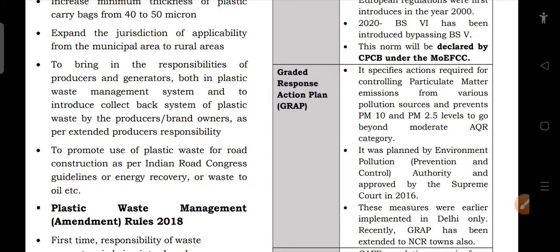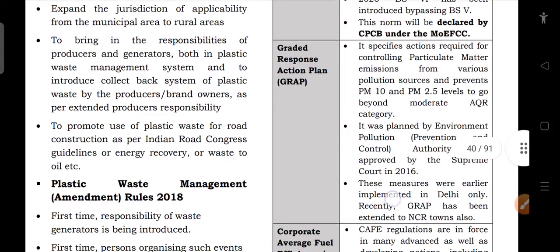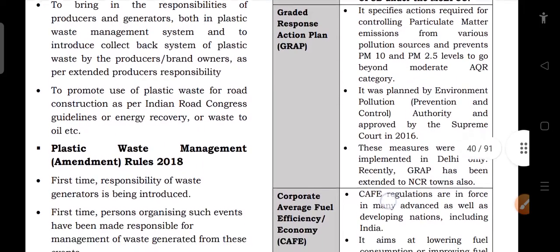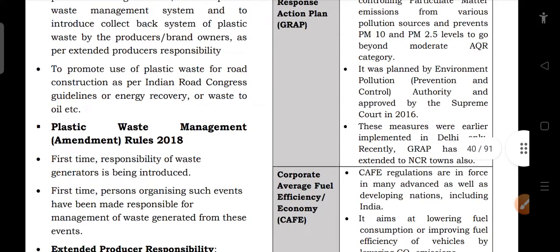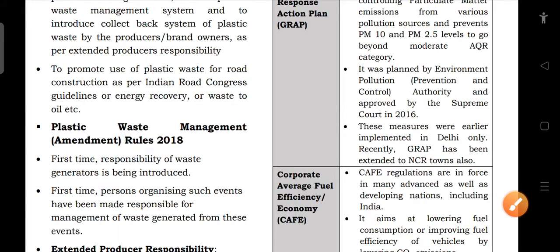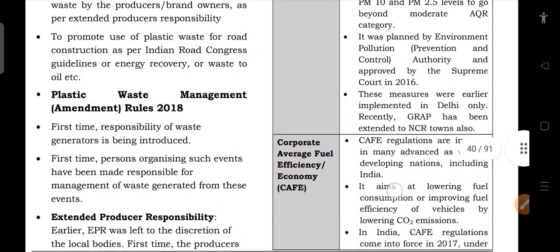This was planned by the Environmental Pollution Prevention and Control Authority, and it was also approved by the Supreme Court in 2016. So GRAP is for controlling particulate matter especially, and it was implemented in Delhi only. Recently GRAP has been extended to NCR towns also.